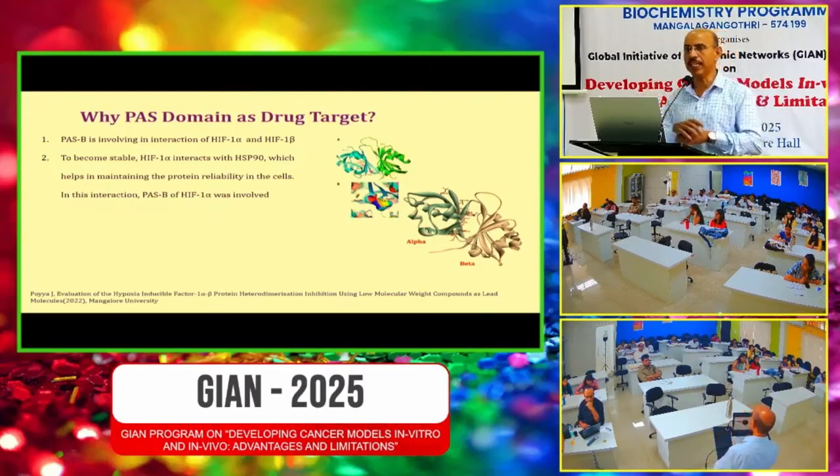And HSP90 actually stabilizes it in such a way that HIF1 beta can bind. So these two key factors are making this HIF1 alpha a strong molecule so that it induces cancer.